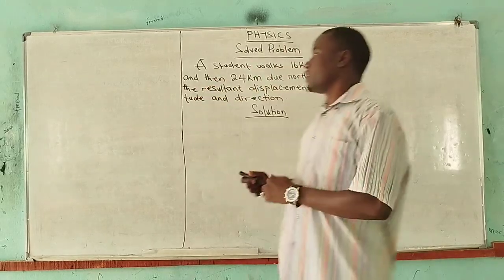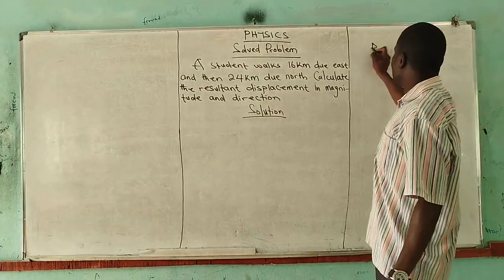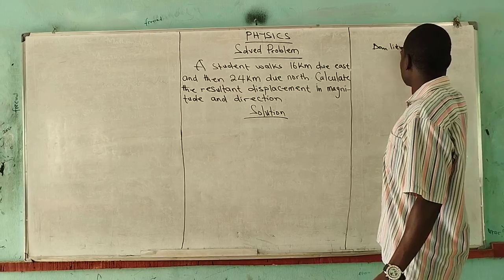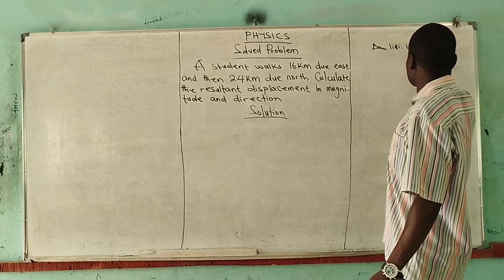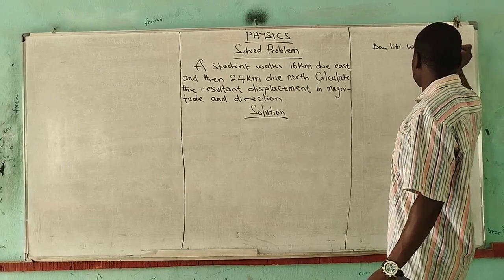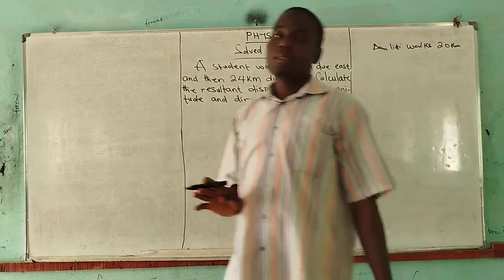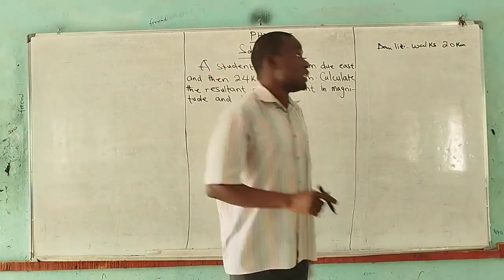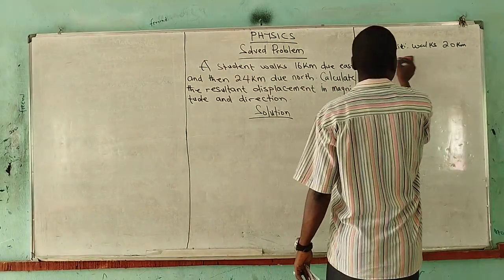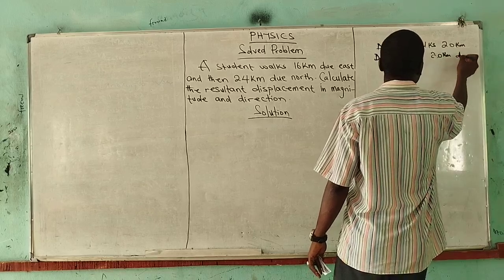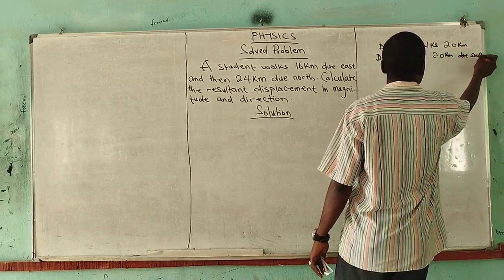For instance, misali sai na ce ɗan liti walks 20 kilometer, and another one says LET walks 20 kilometer due south.